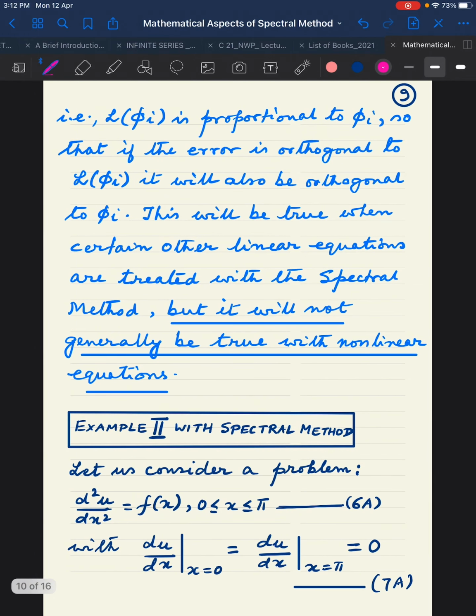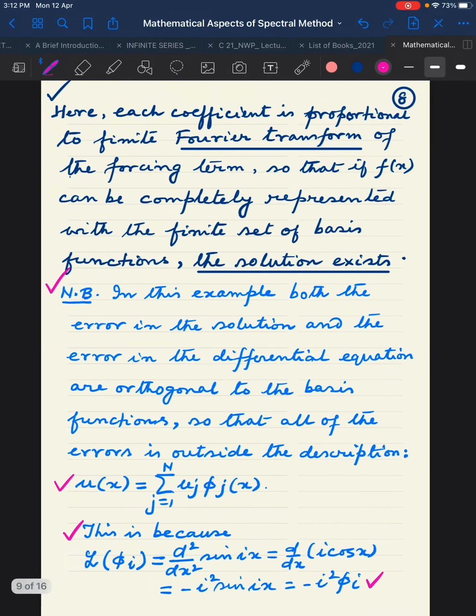What does it mean? It means that L phi_i is proportional to phi_i, so if the error is orthogonal to L phi_i, it will be orthogonal to phi_i also.